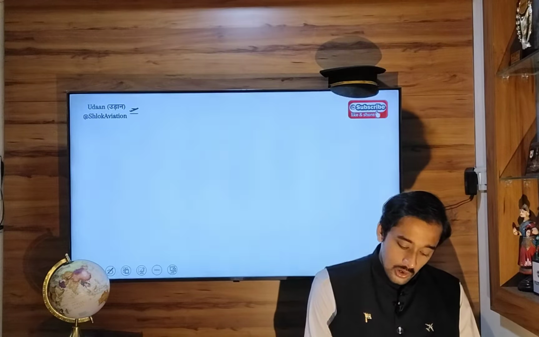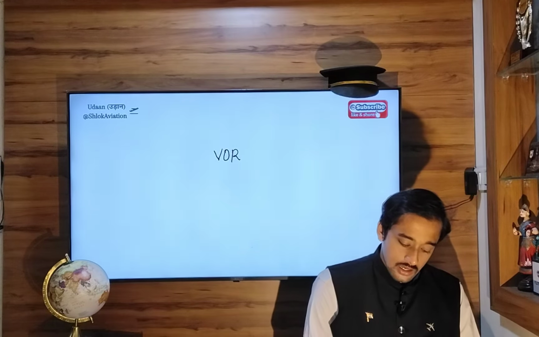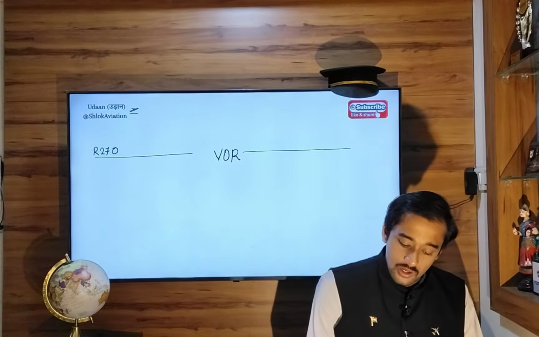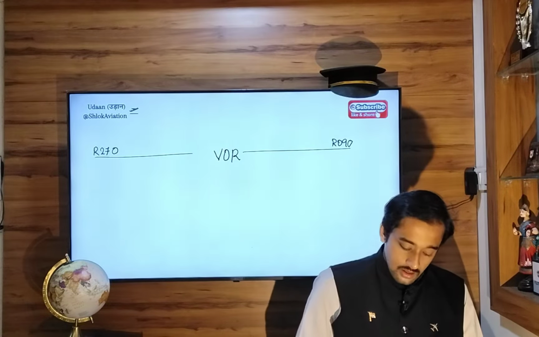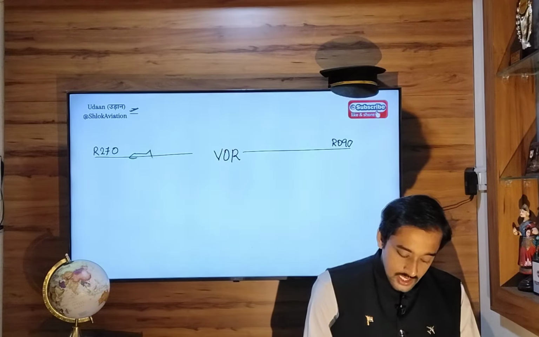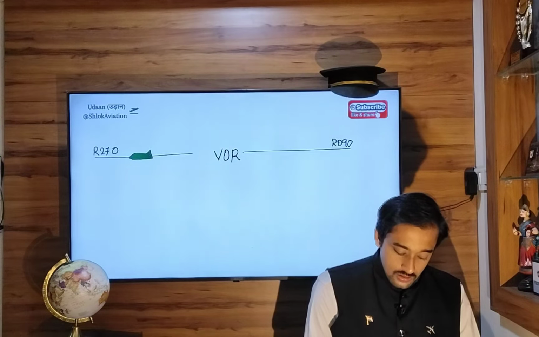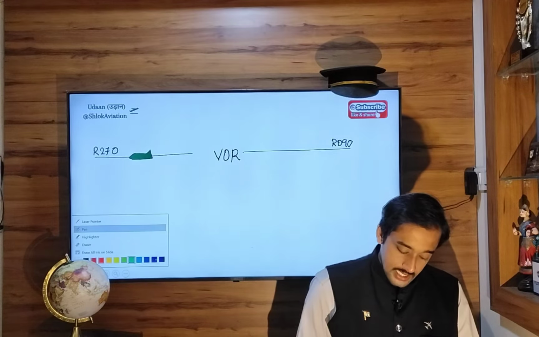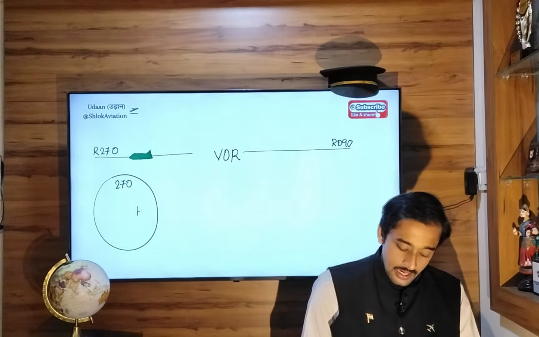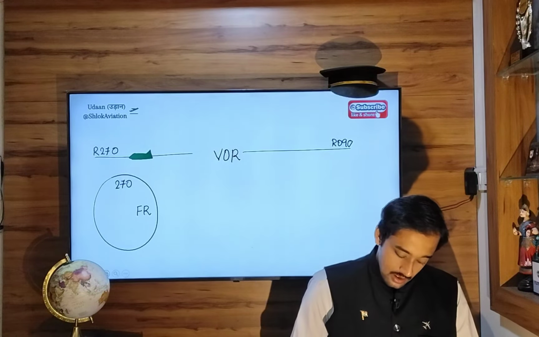Diagram wise, I will draw it. This is your VOR station. This is your radial 270. This is your radial 090. Now, if you want to go outbound on radial 270, an OBS setting of 270 here with a FROM indication will be achieved.